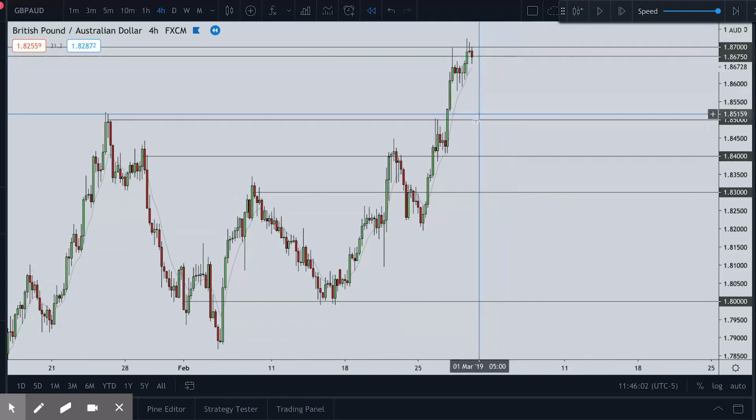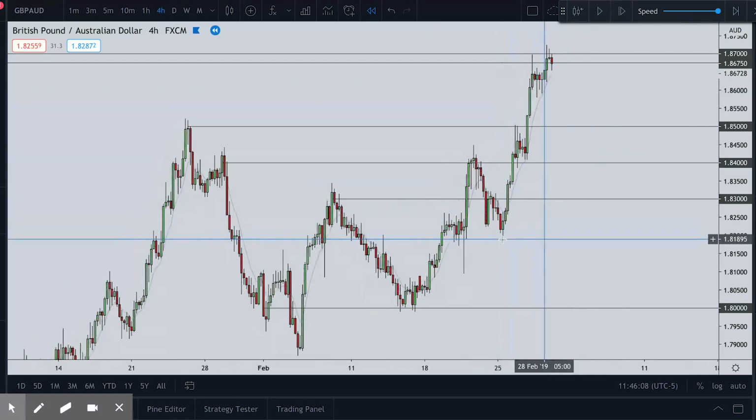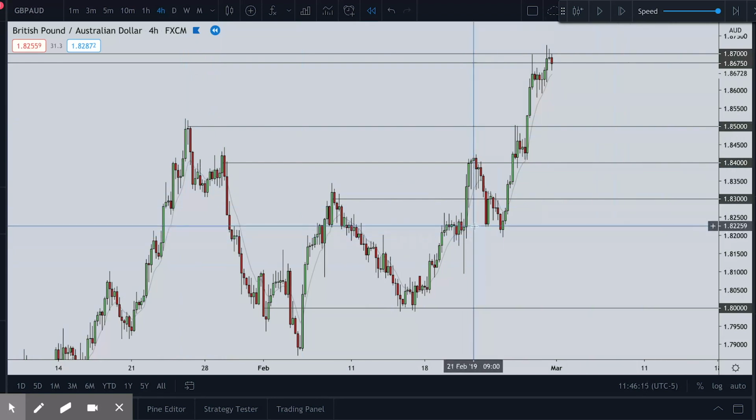So there we go. Take profit 3 and 4, both fulfilled brilliantly. So that's how I identify my targets. I'm looking for previous zones, unmet zones, paired with key levels. Okay, so notice how all of my targets on this move are key levels: 1.83, 1.84, 1.85, and then 1.87 or even 1.8675.